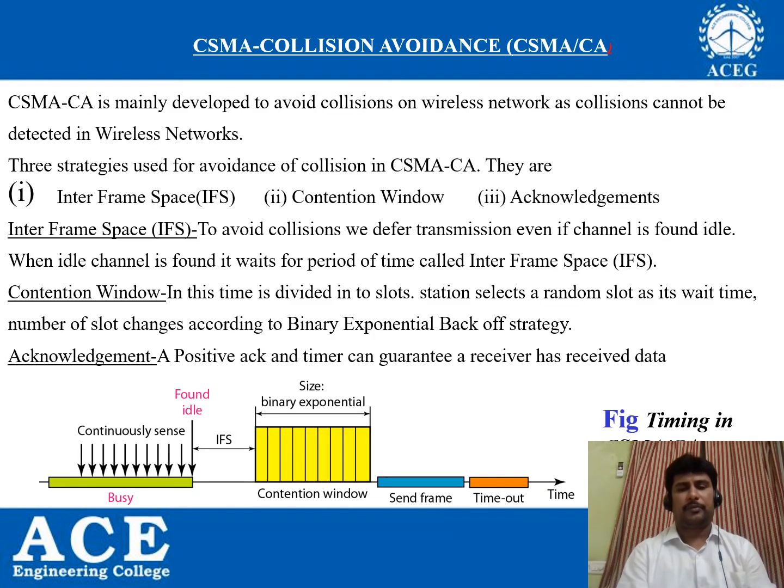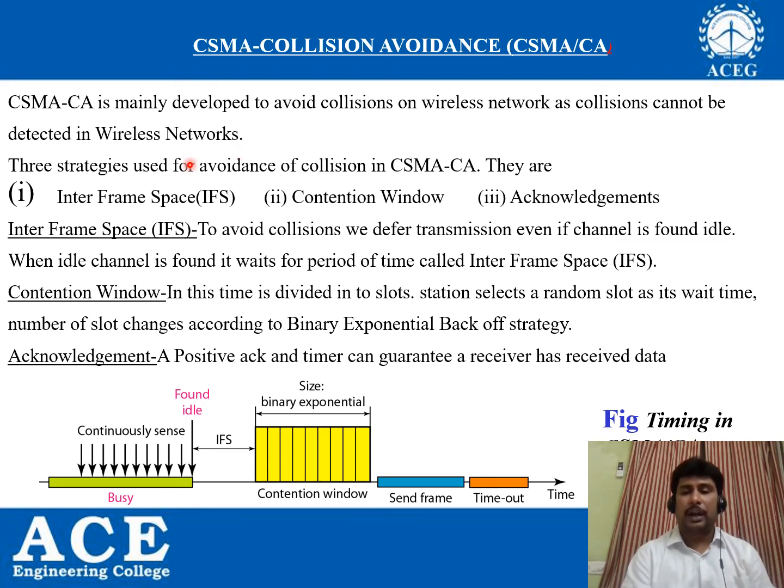The last type of random access protocol, which is another version of carrier sense multiple access, is called carrier sense multiple access with collision avoidance. This is particularly used in wireless networks because in wireless networks the collisions cannot be detected as in the case of wired networks.